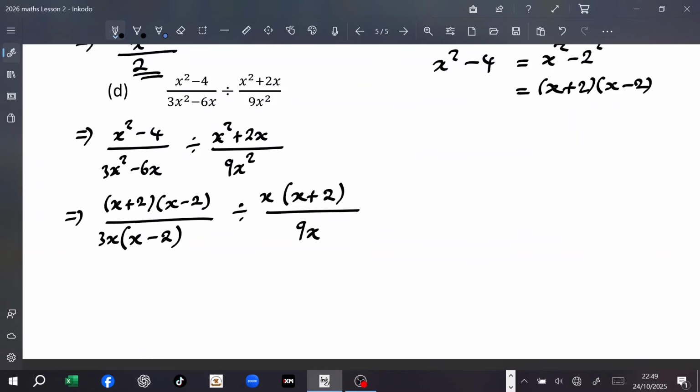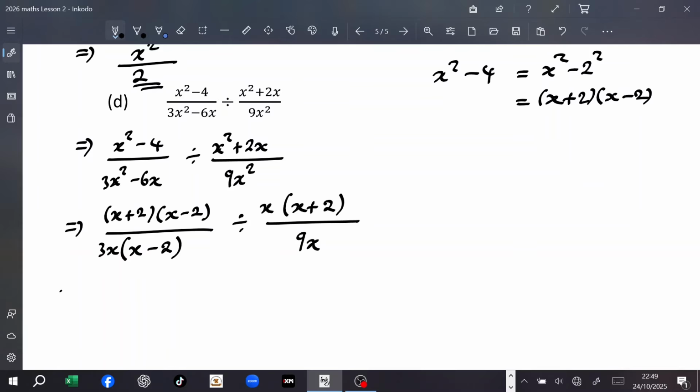So now what we are going to do here, before we do anything, this one and this one are common, so they will go. So remain with x plus 2 over 3x. Then this division becomes multiplication, so it will be times. So this one goes up and this one comes down.